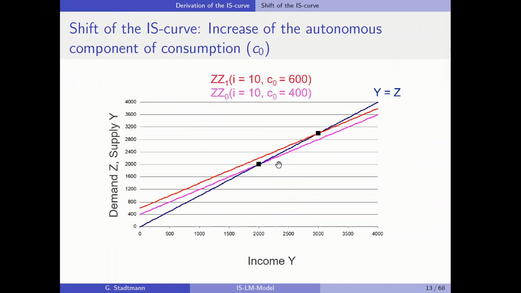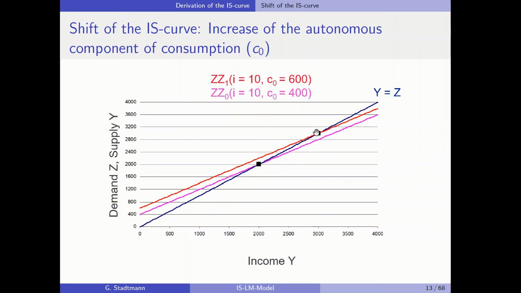We get that from this previous graph. When the autonomous component increases by 200 units, the Z curve shifts upwards, and the new equilibrium is the red one, so that the GDP level increases by 1000 units from 2000 to 3000.